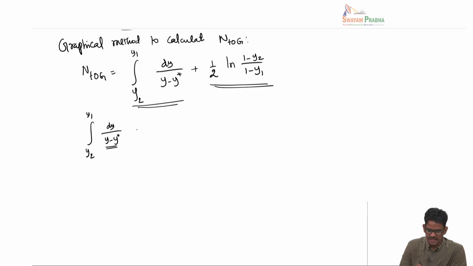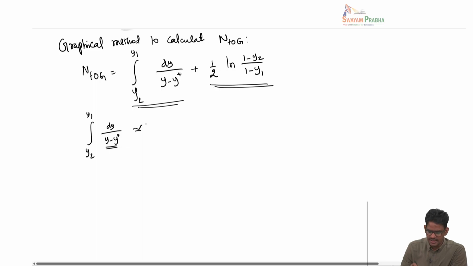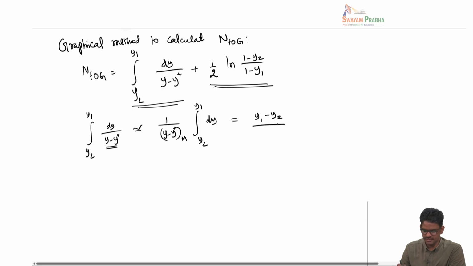Then I can write this approximately as 1 by Y minus Y star log mean difference times dy from Y2 to Y1. So this basically becomes Y1 minus Y2 by Y minus Y star log mean, and this is what we say as NTOG. Of course, this term has to be added to it, but right now I'm just talking about the integral term alone.